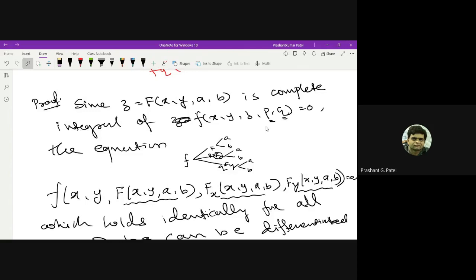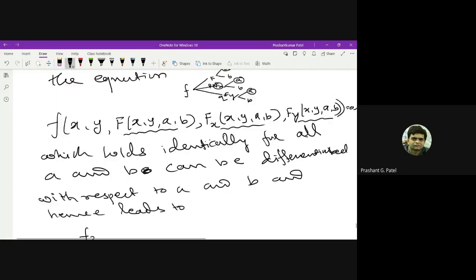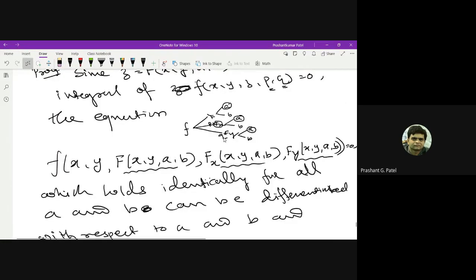If I want to calculate Fa, small Fa, I need to differentiate this with respect to a. Then I have three parts. One is this, the second one is this, and the third one is this one. So what we will have is Fz, because instead of F we have a Z here, that is the Z function.